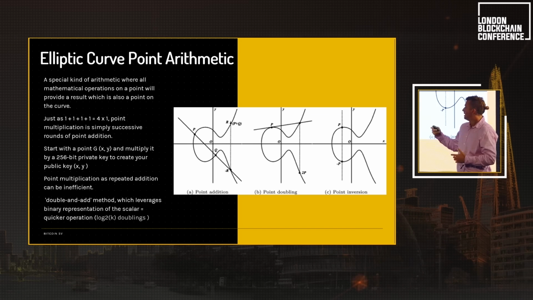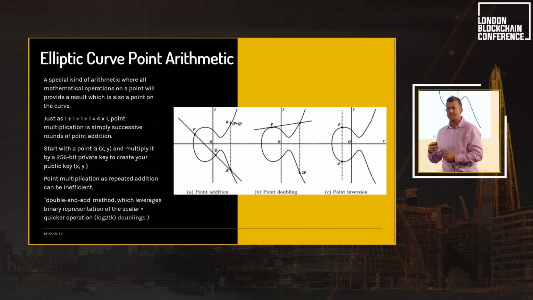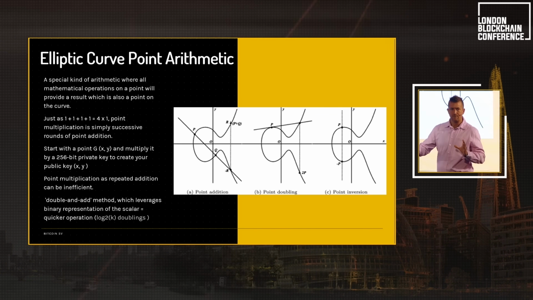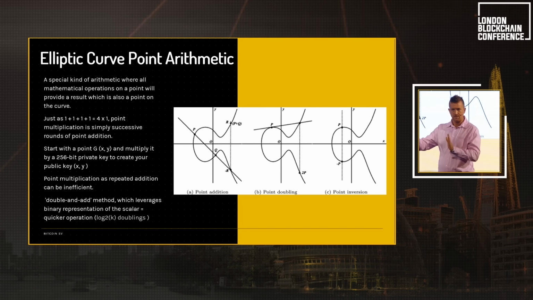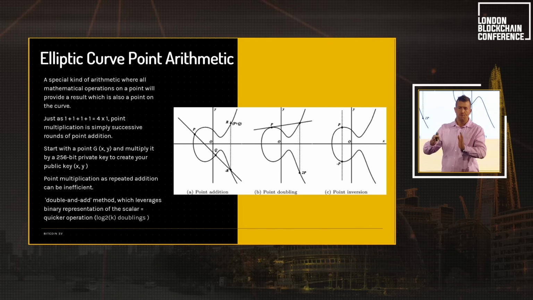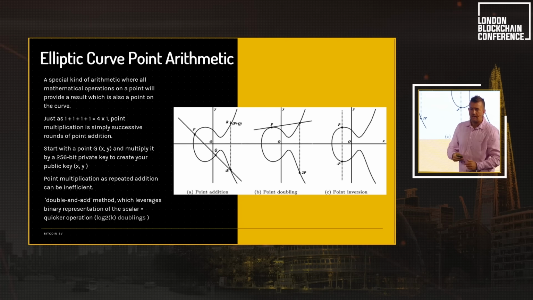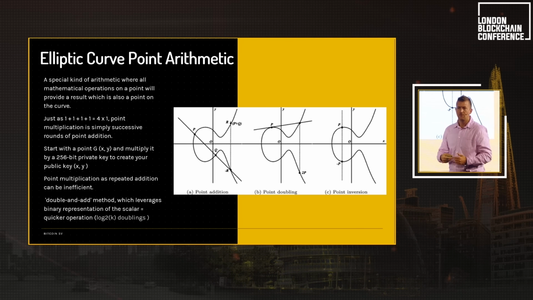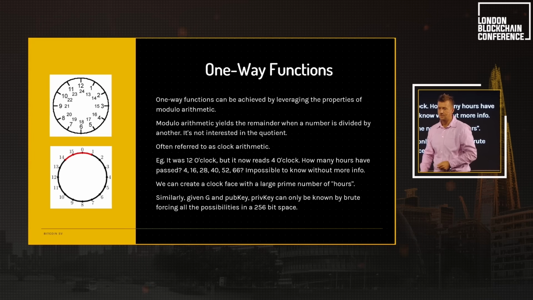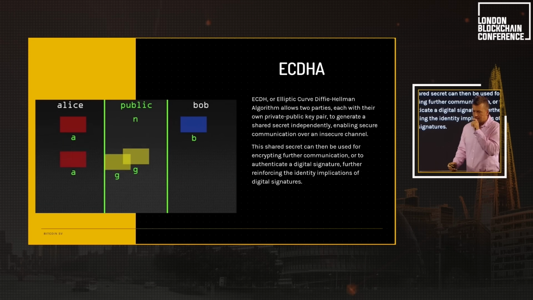And there is a method to enhance the efficiency of that: you take the binary representation of that string, that's ones and zeros, and you can actually just move those values along, and it becomes quite efficient. So you can do the multiplication of a 256-bit key in 256 operations, which a computer is able to do very quickly.